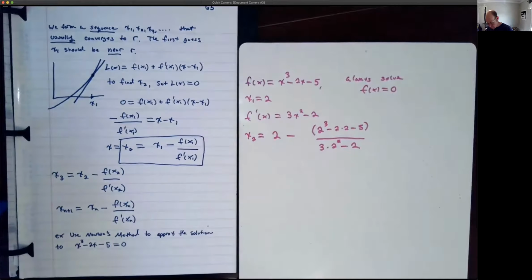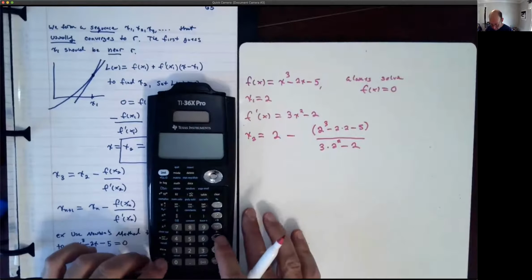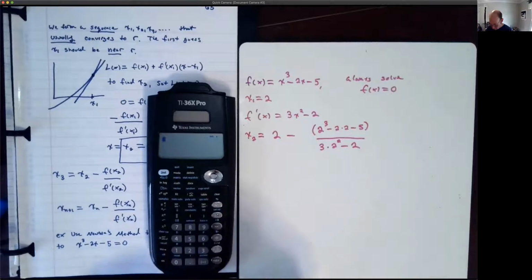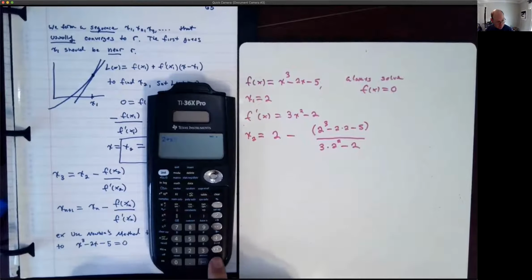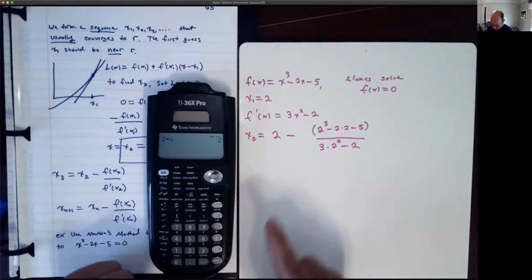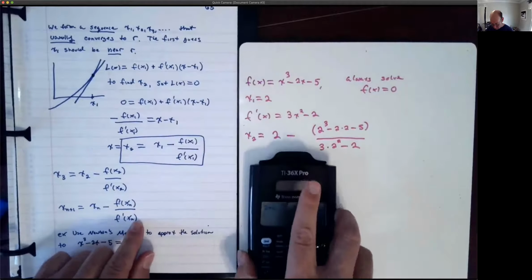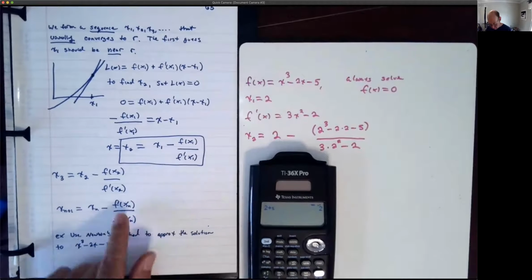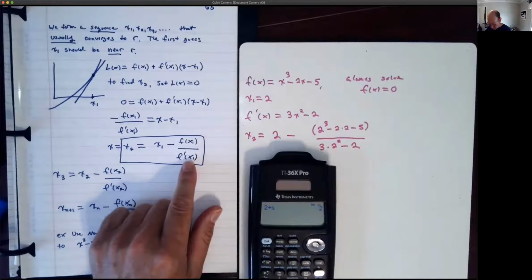All right, so let me show you how to do this on your calculator in an efficient way. First, let's store 2 into x. All right, we have x stored. Now, let's plug in our formula here: x minus f of x over f prime of x.